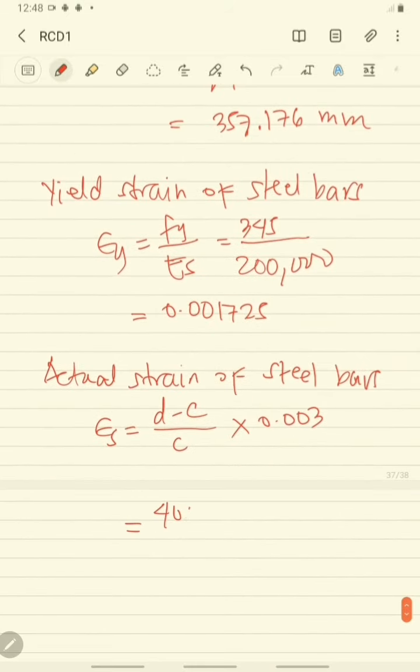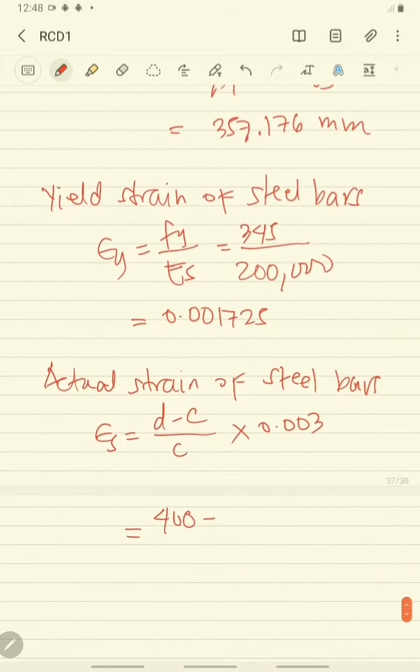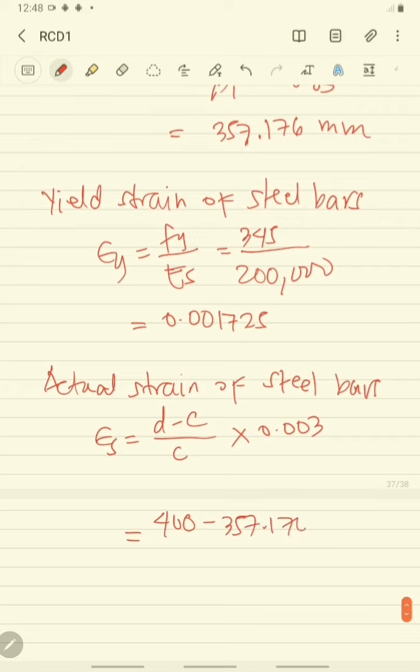So 400 minus the c, that is 357.176, divided by 357.176 times 0.003.